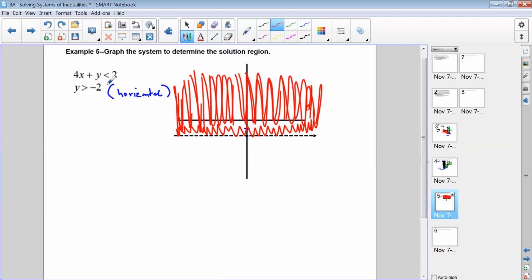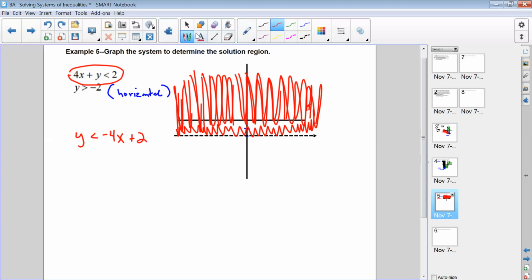And then I want to graph this inequality. It is not in slope-intercept form, so I want to solve that for y. So y is less than, and I'm going to subtract the 4x. So I get -4x plus 2.